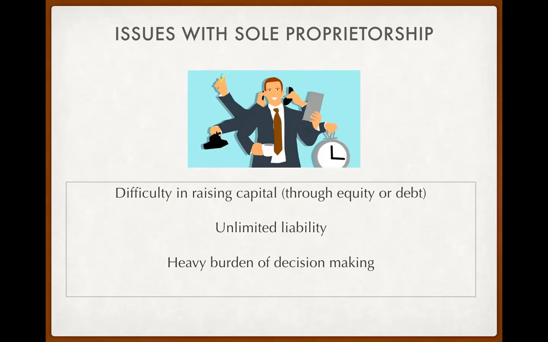Collateral cannot be given merely on the basis of the goodwill that you have. You need to have some fixed asset to give as collateral. So it's not so easy to raise finance through equity or debt. In practicality, it is quite difficult. It's not impossible, but it's quite difficult.